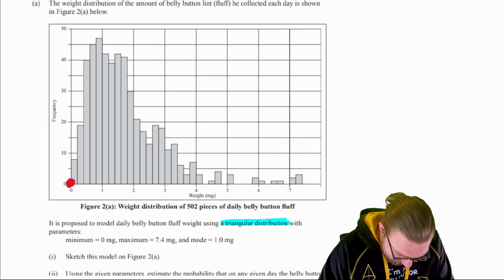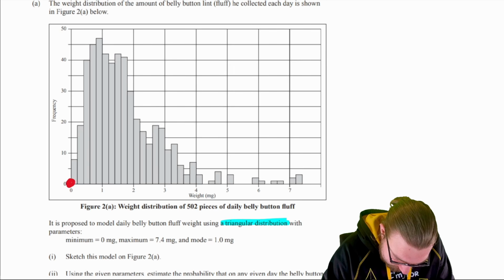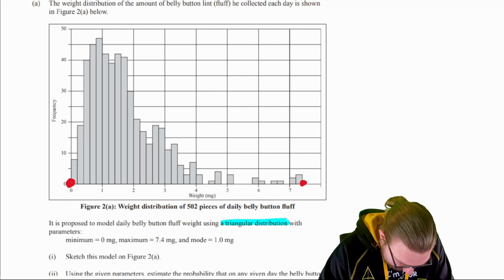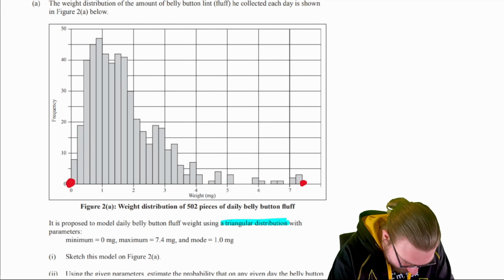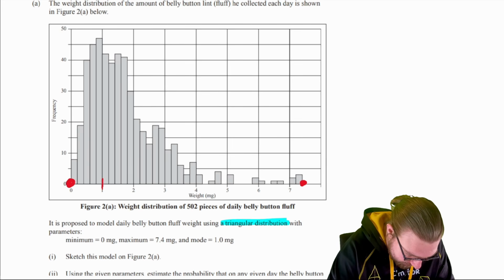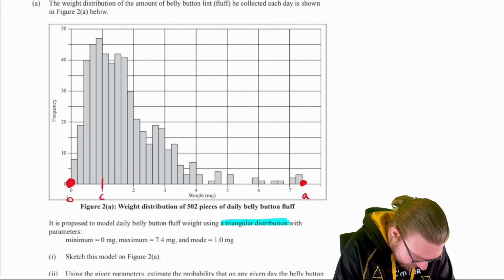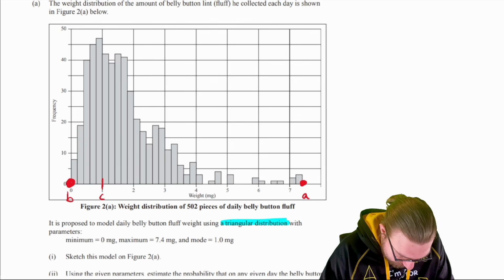Minimum 0, maximum 7.4. So about here, well, it's actually the end of that little part there. And mode, which is, remember, the most common one, is at 1. So that's about here. So we're going to have B, we're going to have C, and we're going to have A. And now we just need to draw a triangle that fits.